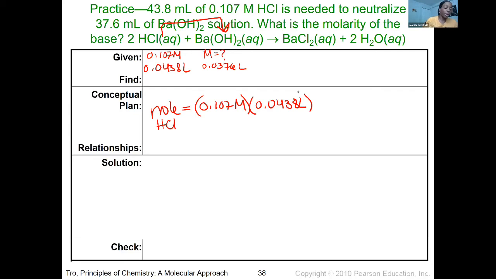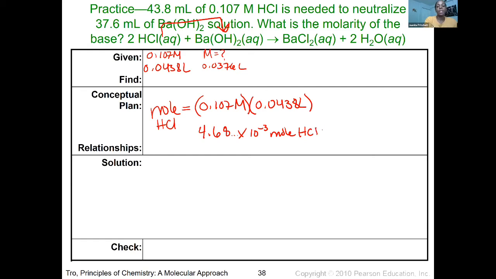Again, for those molarity calculations, you must be in liters. 0.107 times 0.0438, and that gets us 4.68, with some numbers repeating, times 10 to the negative third moles of HCl.